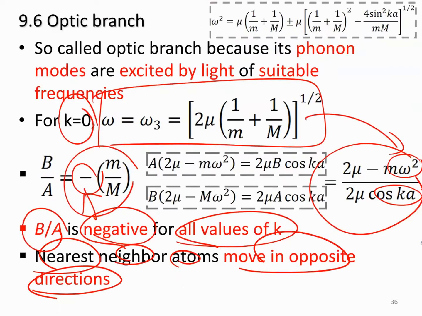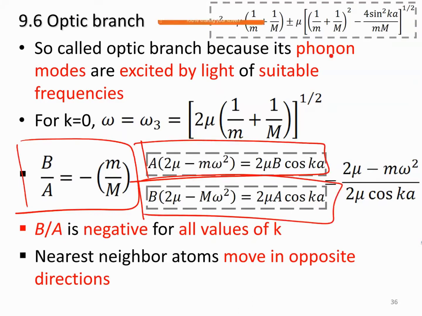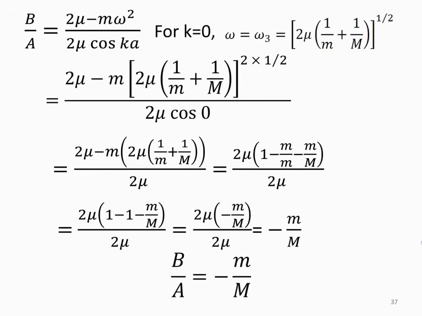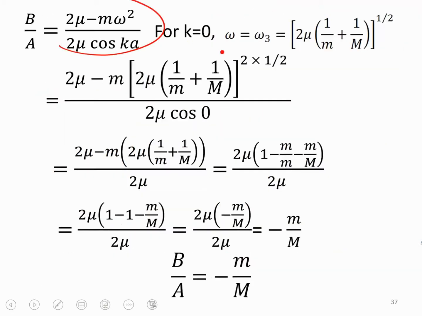Okay, how to get this one? The dash box indicates the equation that we obtained previously. Okay, the dash box. So we have B over A equal to this one. Remember that? We start from this one. And then for K equal to 0, you substitute cos Ka equal to 1.